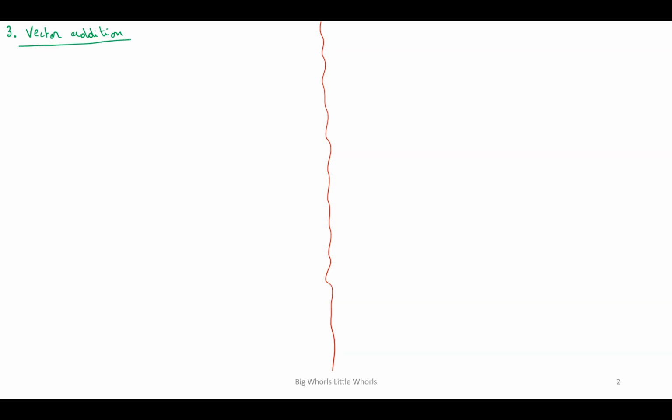The vector sum of u and v is the vector of the sums.